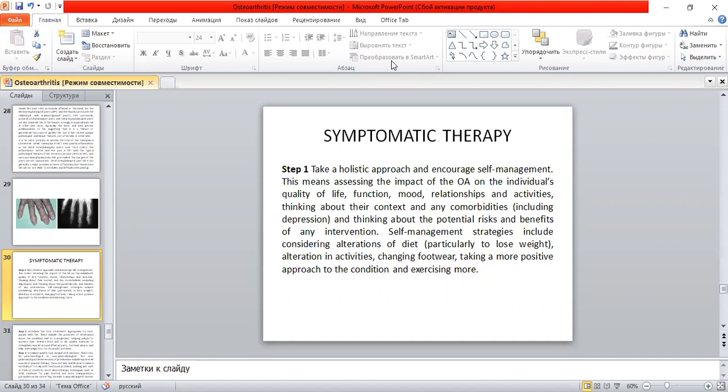Self-management strategies include considering alterations of diet, alteration of activities, changing footwear, taking a more positive approach to the condition, and exercising more.